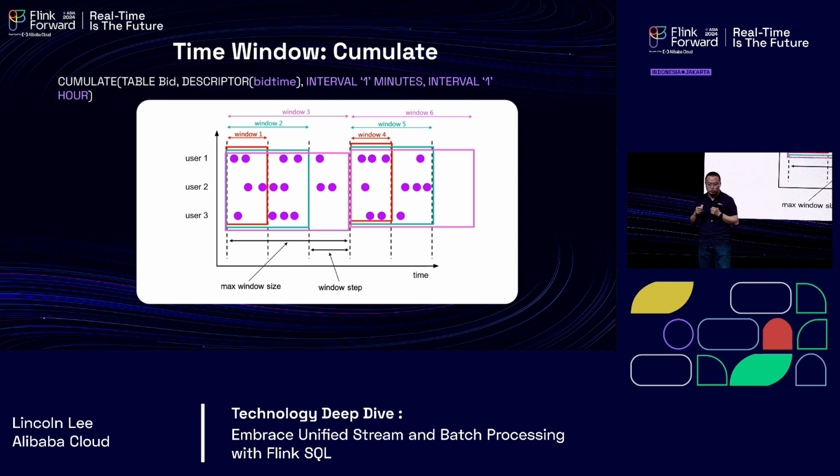And it has a 1 minute window step, but different from the hop window, it does not slide before the window ends. So for the 1 hour cumulative window, it can emit every 1 minute and accumulate all the results from then to now.